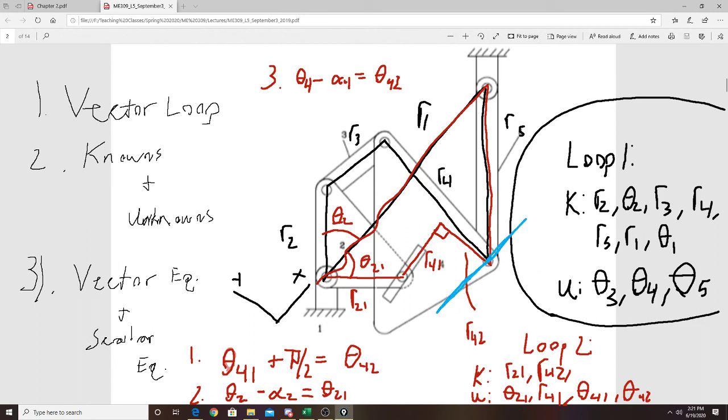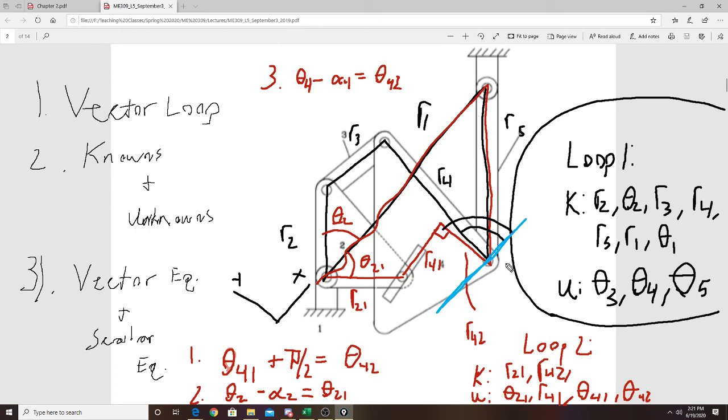So theta 4 is this, right? It is from here to here. Theta 4,2 is from here to here, if I recall.